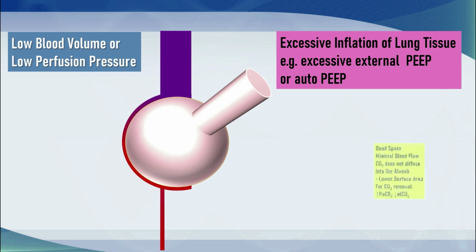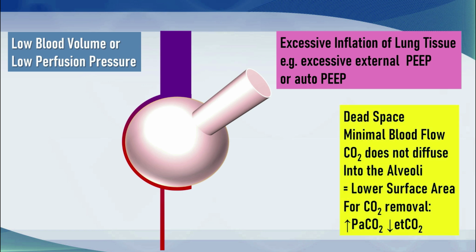These lung units become dead space. And the CO2 does not diffuse into the alveoli, and there is a reduced surface area for CO2 removal, and all of this results in the arterial CO2 tension going up. But simultaneously, the end-tidal CO2 tension goes down because their overall ventilation is poor.